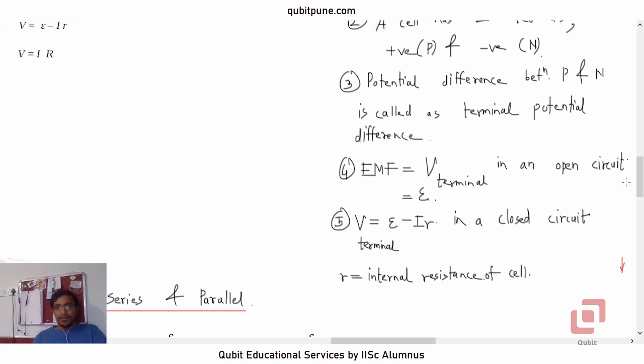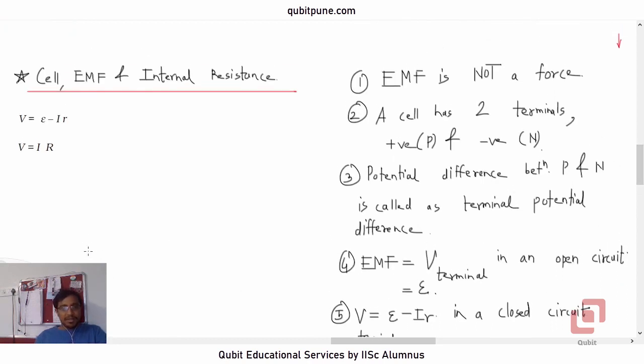So if I were to draw a simple circuit diagram here, this is the cell, this is the external resistance R, and then I must show an internal resistance here that is denoted by small r, and suppose the current flowing is I. Steady current, cells provide steady current always.